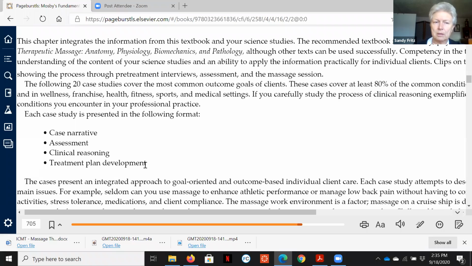What would the first session look like, the second session, the third session? Pretend that this is your client, and write a session by session documentation. I may even assign something like that. And that will help you practice the rest of the documentation process that goes beyond treatment plan development.